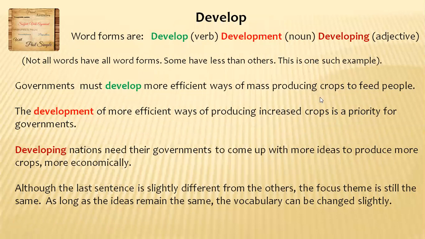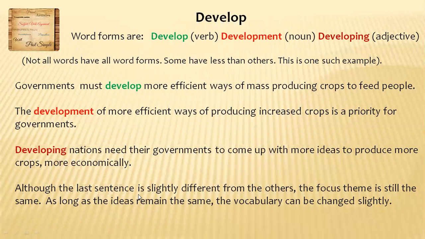And again, I've paraphrased a lot of these things just to keep it fresh and show you that you can write the same sentence in different ways. Developing nations need their governments to come up with more ideas to produce more crops more economically.